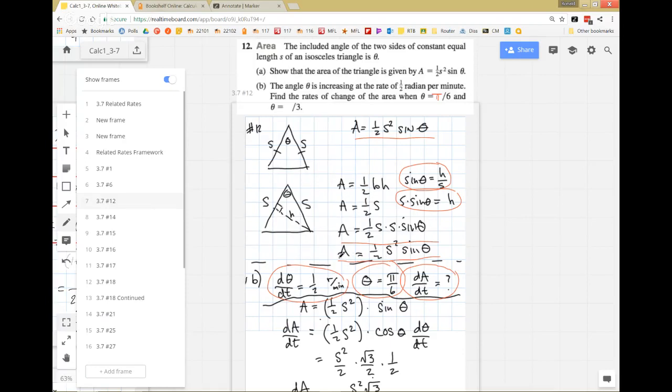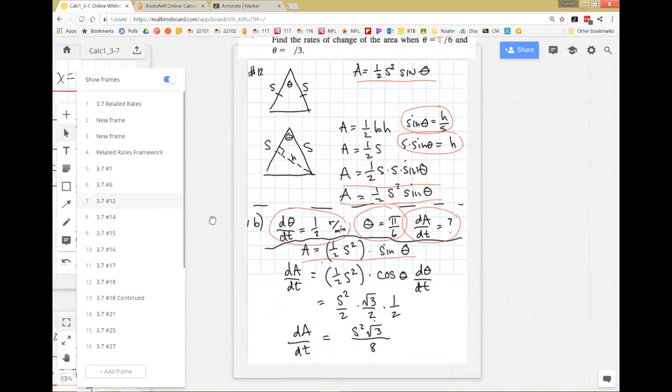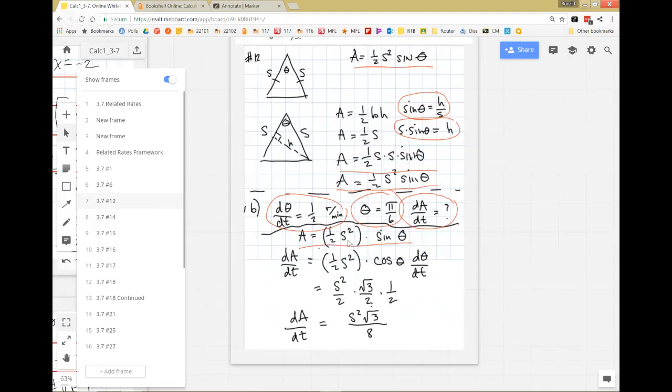So what can we do to relate these things? The equation we're going to use is the one we got in part A, 1/2 S squared times the sine of theta, which I wrote right down here. But notice I wrote it a little differently. I took the 1/2 S squared and separated it. So I'm trying to set us up for the product rule.